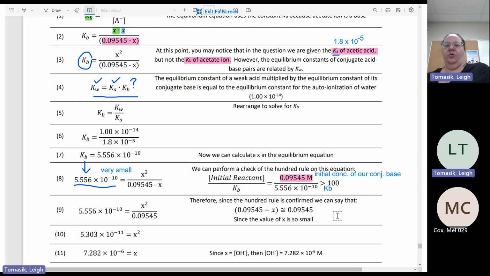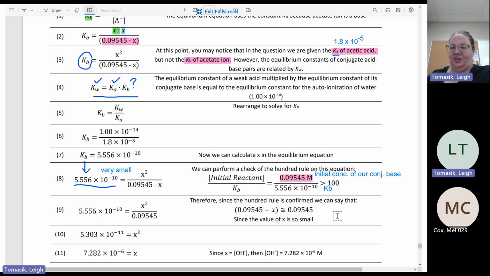So what is that? 0.09545 divided by 1.8 times 10 to the, oh, it's negative 10.